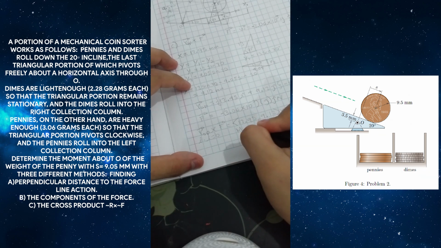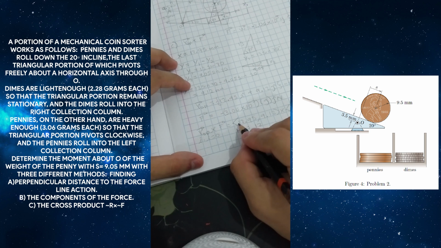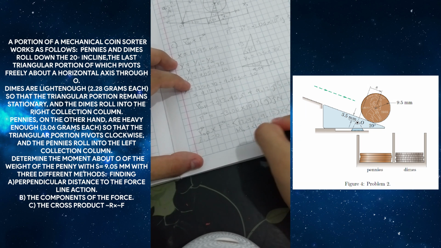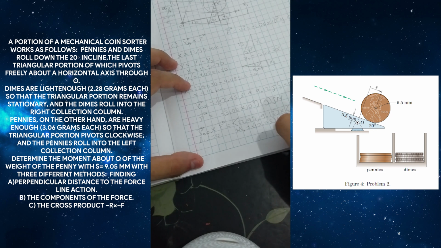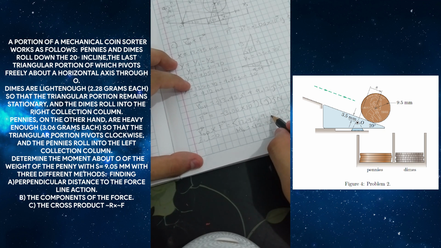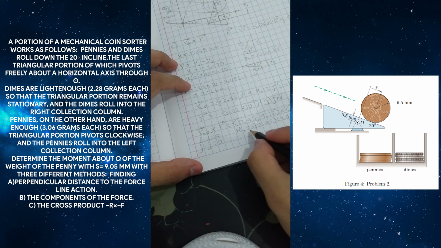So the moment about O is 12.95 multiplied by negative 3.06 times 10 to the power negative 3 times the gravity, that is 9.81, and now 9.12 times 0, 0. And j multiplied by j is 0.